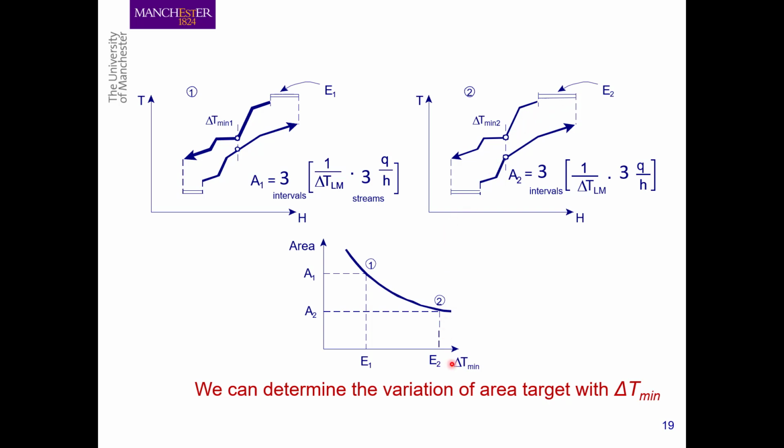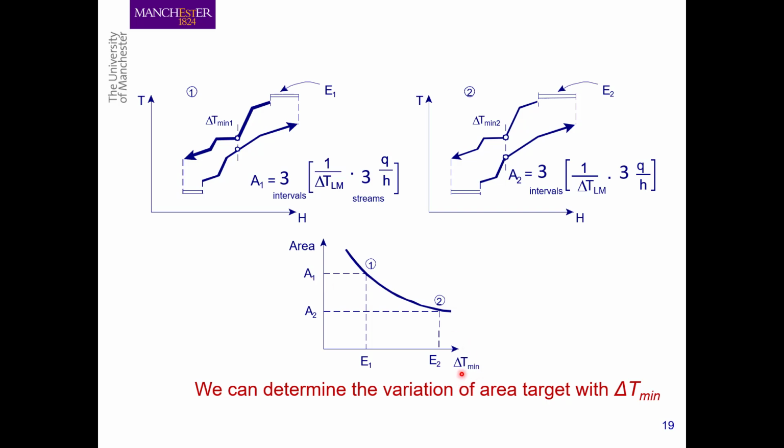Another thing is that the value of delta T min also affects the area calculation, or the area of heat exchangers. So if the value of delta T min is lower, you have low energy targets, but you have high area targets. It means that you have much more area required for the desired heat transfer.